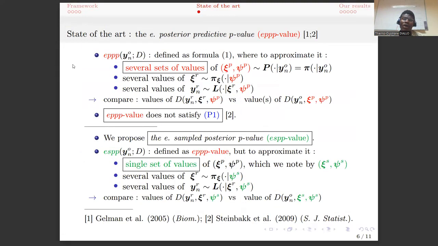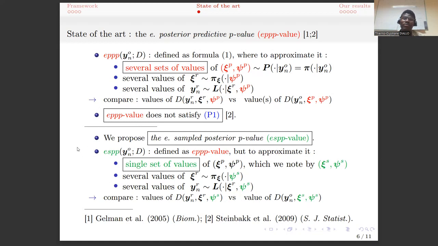What is the state of the art for this approach to checking models? A natural choice would be the extended posterior predictive p-value, EPPP-value, but the EPPP-value does not satisfy P1.